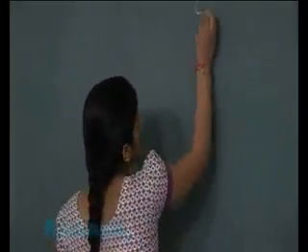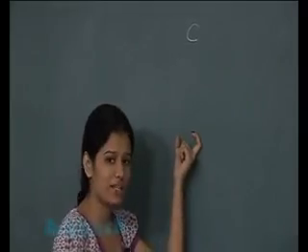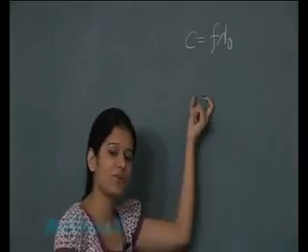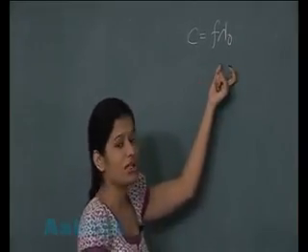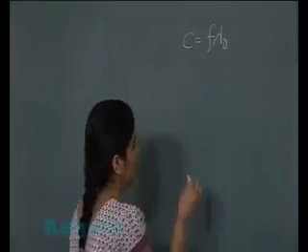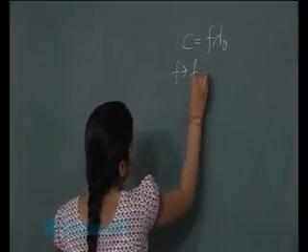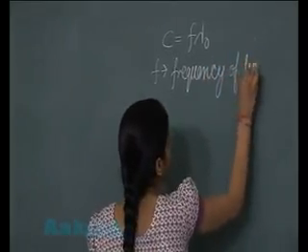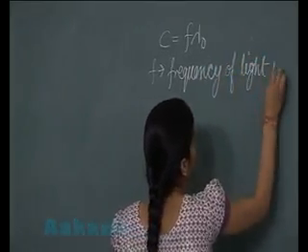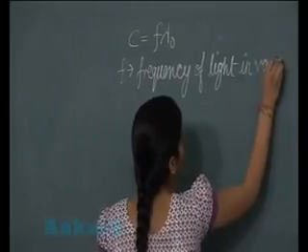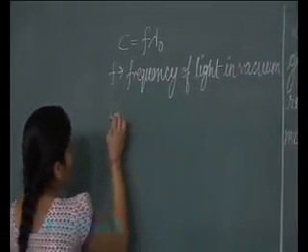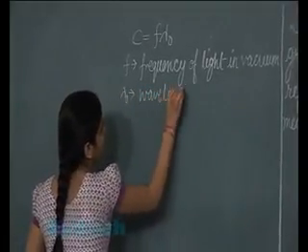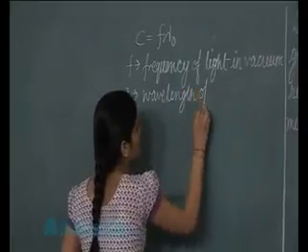We know C is the speed of light in vacuum, which is given by f lambda naught, where f is the frequency of light in vacuum and lambda naught is the wavelength of light in vacuum.